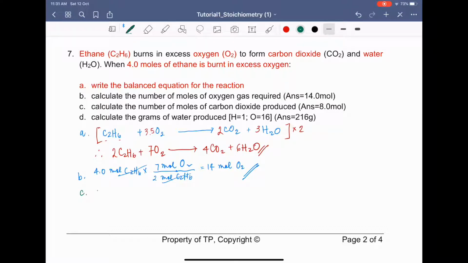So 4 moles of ethane, then we can divide this by 2 moles of ethane from the balanced equation, then multiply by 4 mole of carbon dioxide is equal to 8 mole of carbon dioxide.